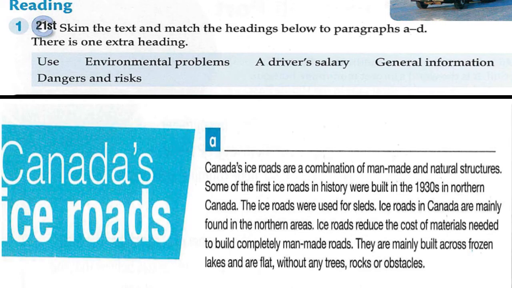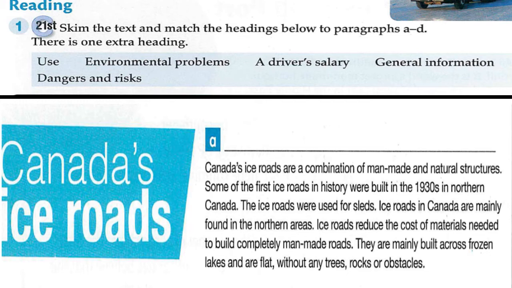Canada's ice road. So I will read, you are going to listen and tell me what's the suitable heading for this paragraph. Canada's ice roads are a combination of man-made and natural structures. Some of the first ice roads in history were built in the 1930s in northern Canada.